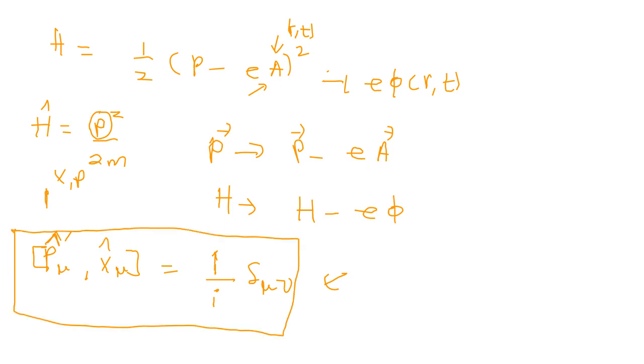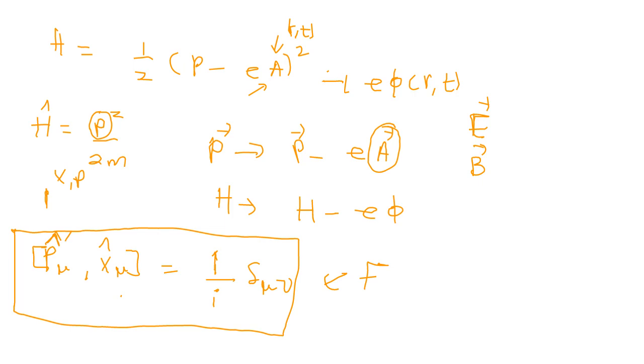This type of quantization is called first quantization, because what we have done is that we've quantized the coordinates and the momenta, but we left the fields E and B. We didn't really quantize them.